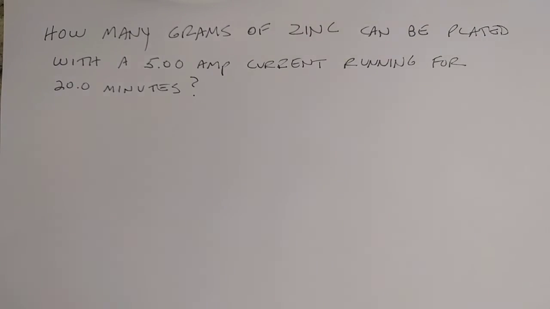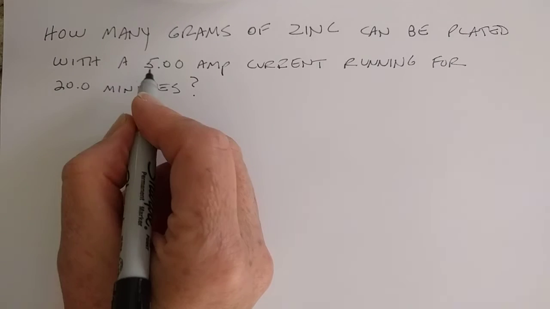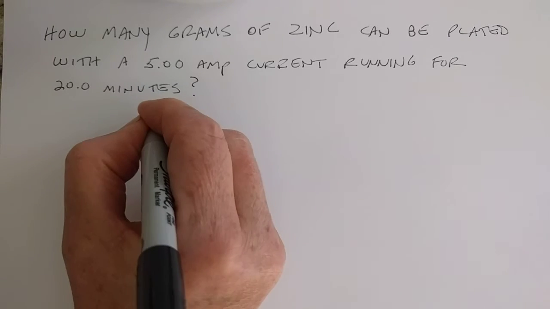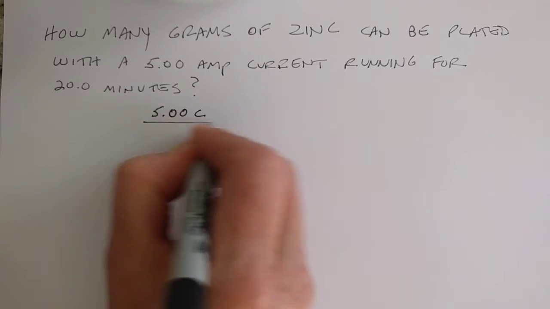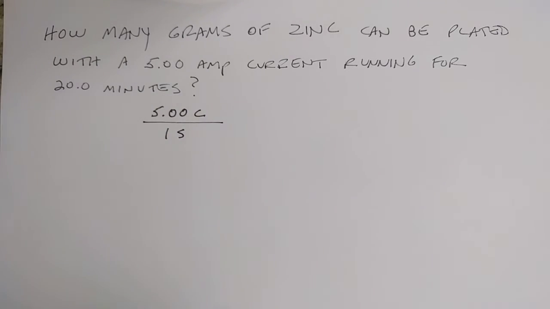All right, so here's an example of a problem. How many grams of zinc can be plated with a 5.00 amp current running for 20 minutes? And we're referring to the electrolytic zinc copper cell that we just went over. All right, so again, this 5.00 amps, that means that we have 5.00 coulombs of charge for every 1 second that's going through our wire.